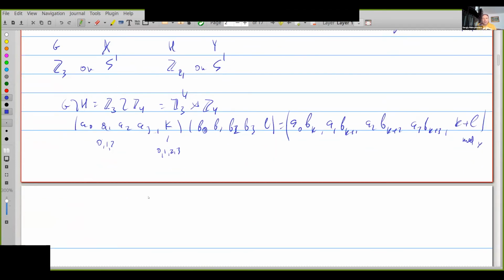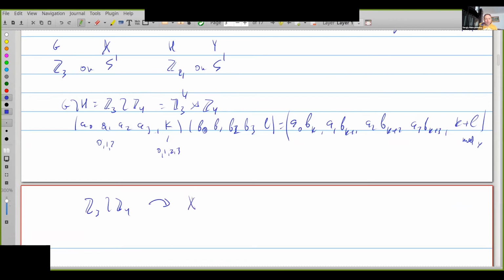And now consider the action of this group. On which space does this group act?